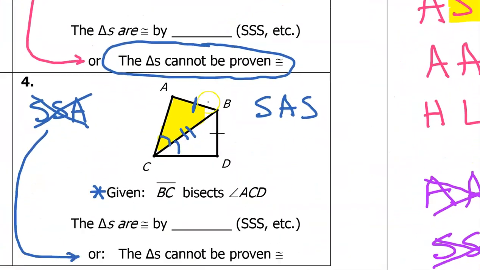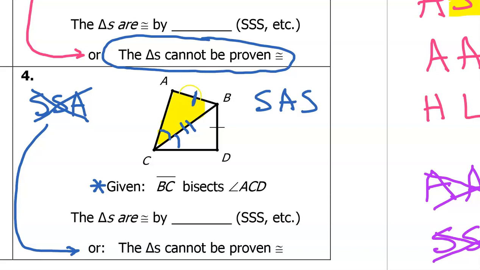So let's trace it out. Here is one of the sides that is marked congruent. And here is the other side that is marked congruent. Look where these two sides meet. They meet right here. So this is the angle that is between the two sides.